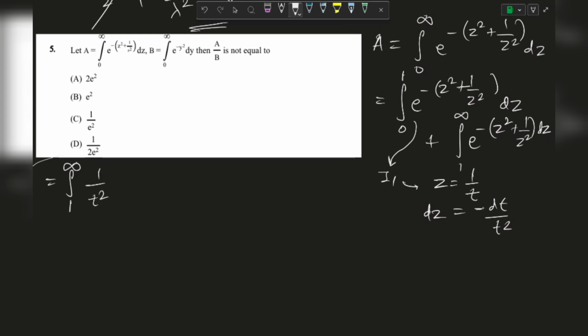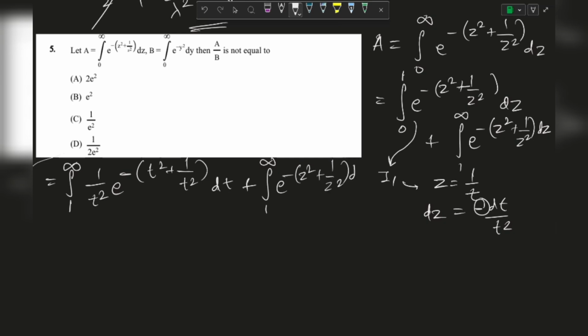I had taken the minus and I just split it up. Reverse the limits. You can do it in one extra step if you want. And this is e power minus (t squared plus 1 by t squared) dt, plus integral 1 to infinity e power minus (z squared plus 1 by z squared) dz.